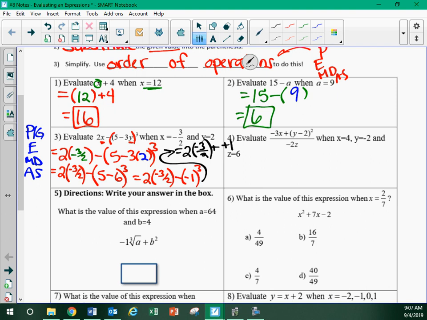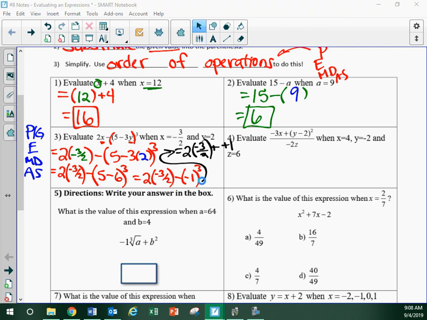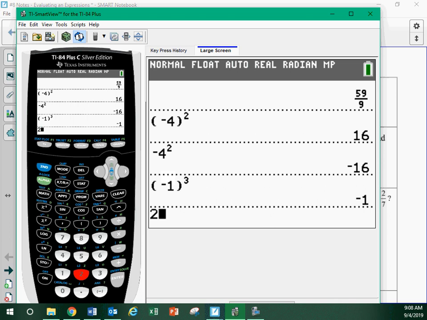Okay, so we took care of exponents, so next is multiplication or division. Well, I can see I have 2 times negative 3 halves here. So we want to do that first. Let's put that in our calculator. 2 times, parentheses, you don't even have to write the times, you can put negative 3 divided by 2.